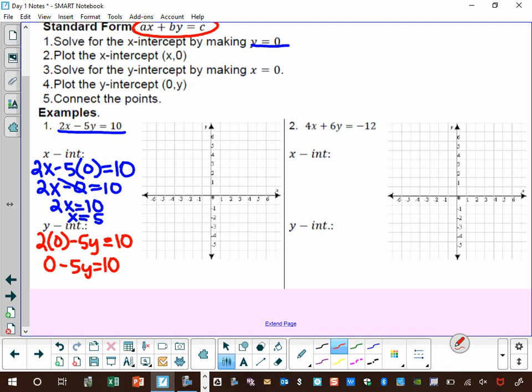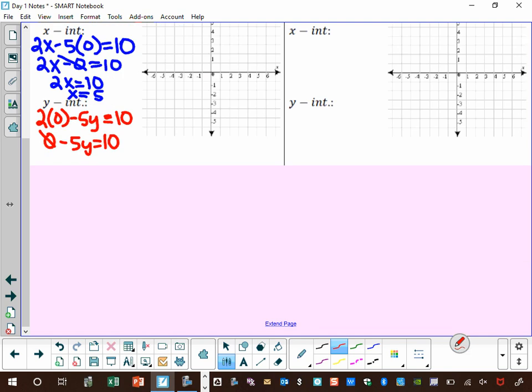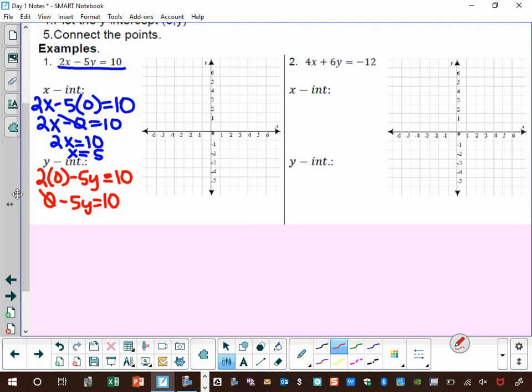If I add 0 to both sides, it stays 0, right? So I have negative 5y equals 10. What am I going to divide by? Negative 5. Some of you were forgetting that negative on your test.